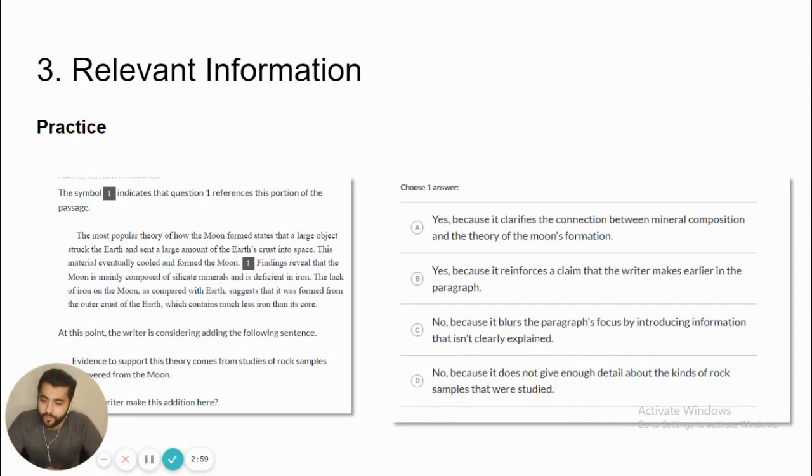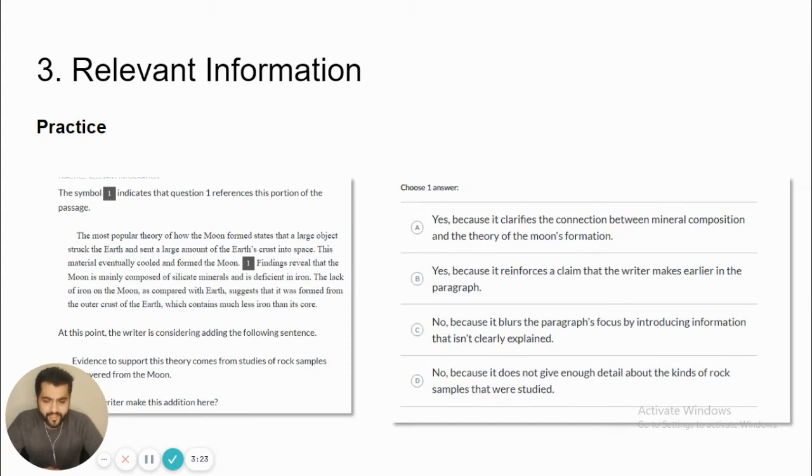Right. So the symbol 1 indicates that question 1 references this portion of the passage. The most popular theory of how the moon formed states that a large object struck the earth and sent a large amount of earth's crust into space. This material eventually cooled and formed the moon. Now this is where the sentence starts.